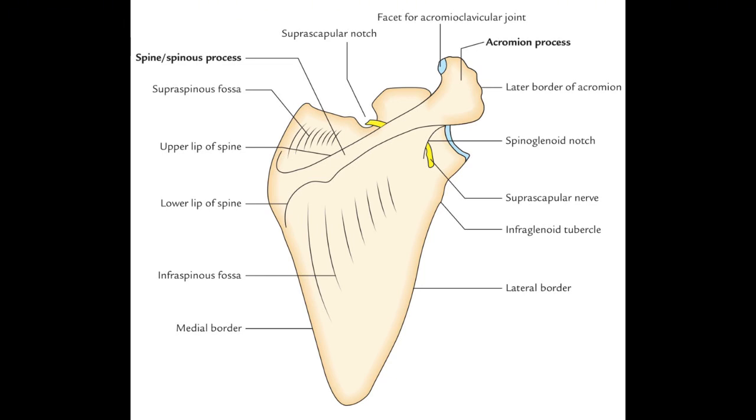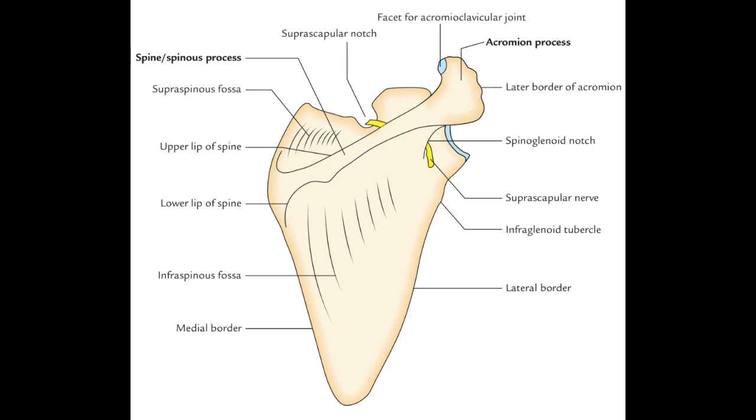Sometimes you have to retract it and move it around so that there will be no contracture for patients that cannot move their upper limb, maybe due to an underlying condition. Like I said, in the processes you have the spinous process, the acromion process, and the coracoid process.